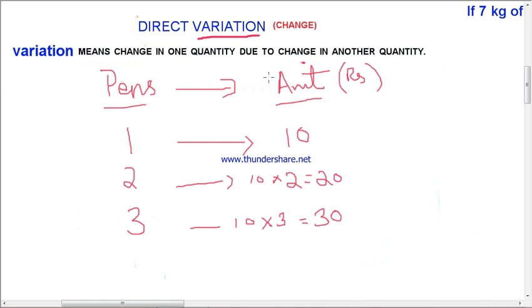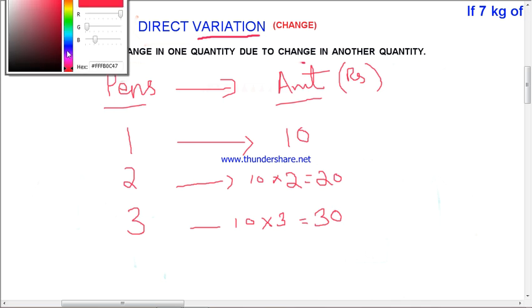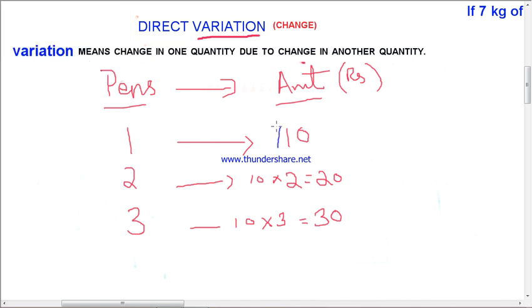Okay, so now let's understand the definition. Change in one quantity due to change in another quantity. Is my quantity changing throughout the three values that I've taken? If you see carefully, it is definitely changing. The first quantity is 10, it is changing to 20, and it is also changing to 30.